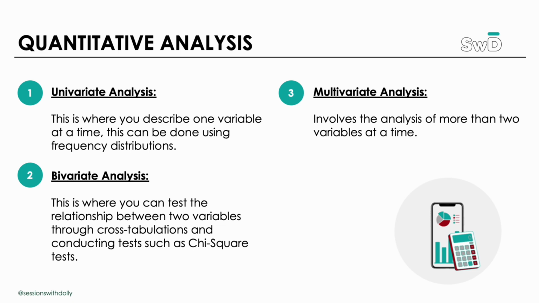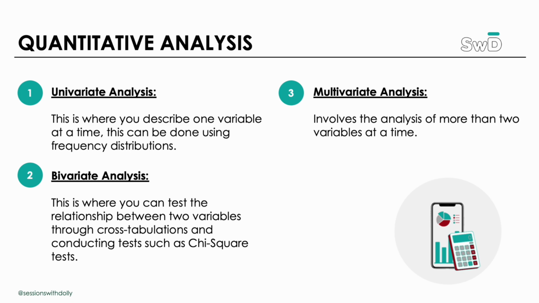Here's an example of what you could include in your analysis method if you were analyzing quantitative data. Essentially, with quantitative data, you could have a univariate analysis, where you describe one variable at a time, and this can be done using frequency distributions.